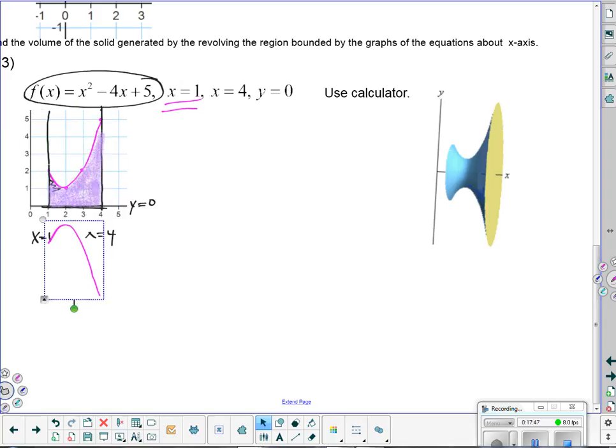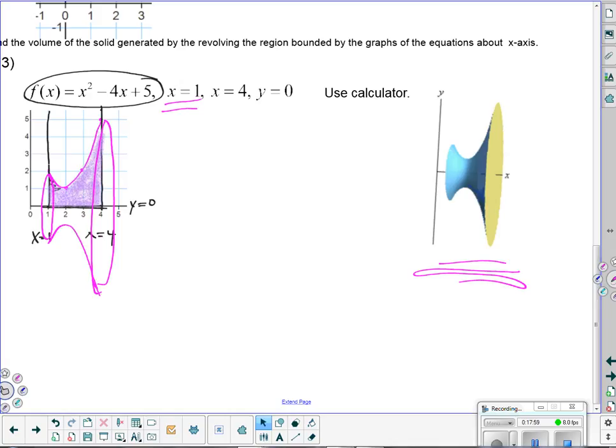And you can see, here's the 3D shape coming out of that as it revolves. It looks like a speaker or something to me. This side we wouldn't see maybe.